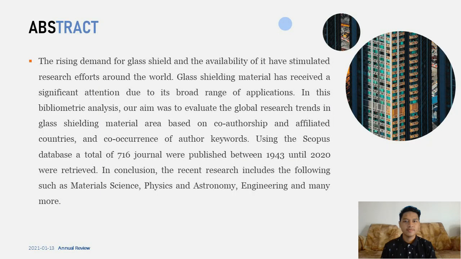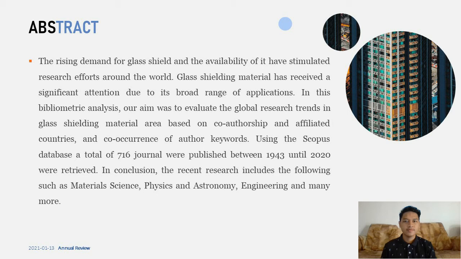Okay, now this is our abstract. Our abstract is the rising demand for glass shield and the availability of it have stimulated research efforts around the world. Glass shielding material has received a significant attention due to its broad range of applications.